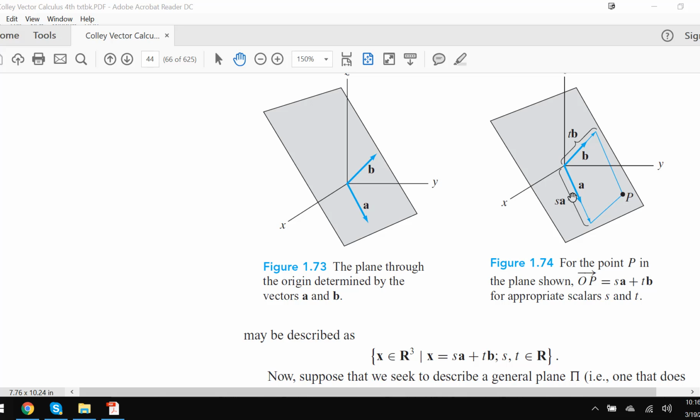So it's basically the span of A and B if we use the language of linear algebra. Otherwise, you can just see that this is true.